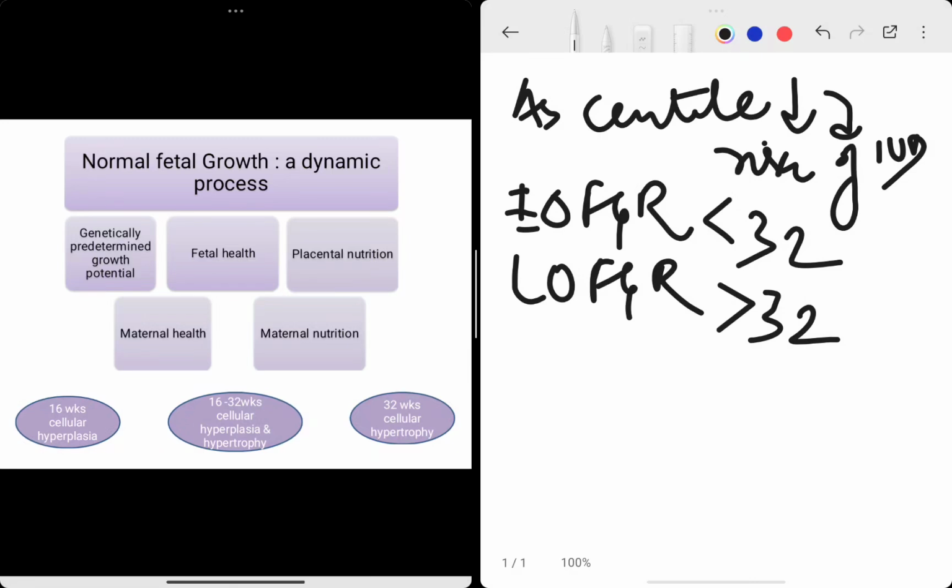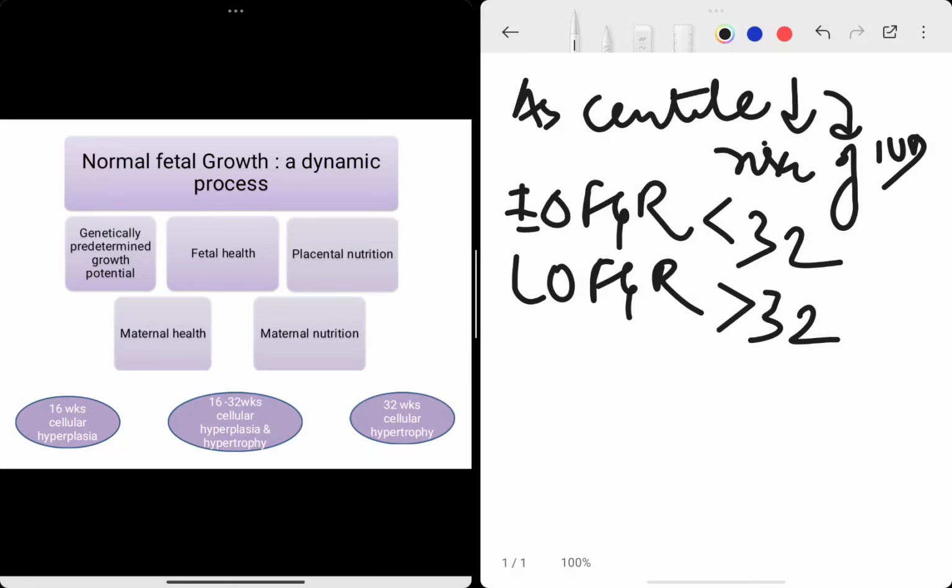Now coming to normal fetal growth. There is some genetically predetermined growth potential within the fetus, and fetal health, the placenta, whether it is normal or abnormal, maternal health being okay, and maternal nutrition are very important.